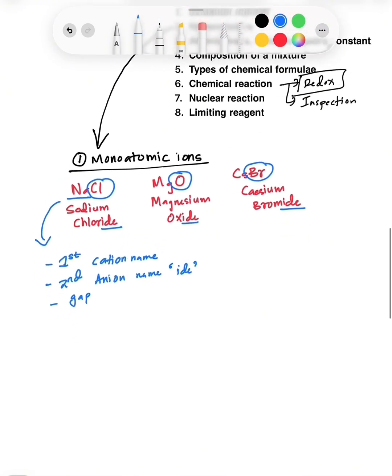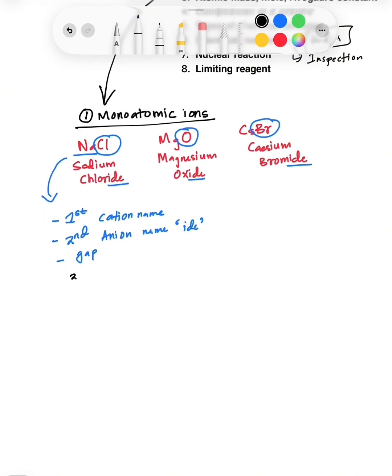The second category is cations forming more than one charge. For the cations forming more than one charge, we give IUPAC or the trivial names.